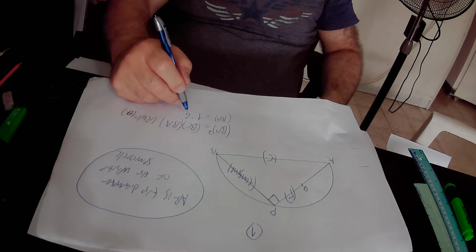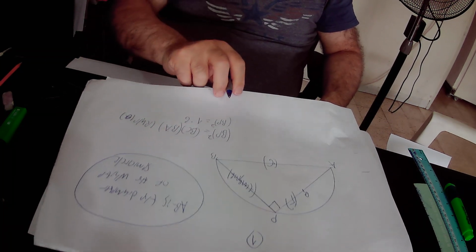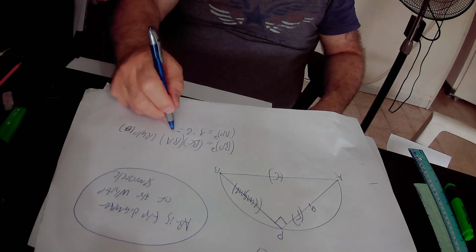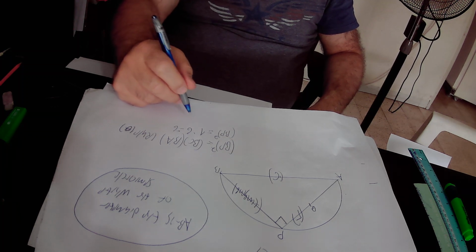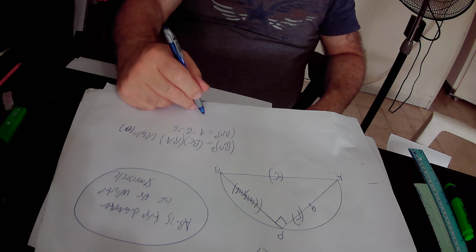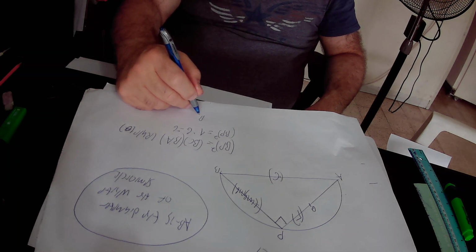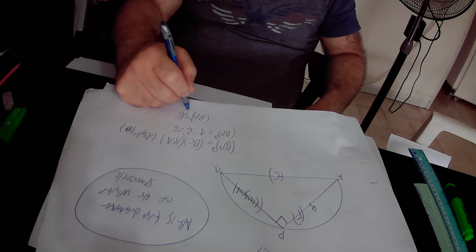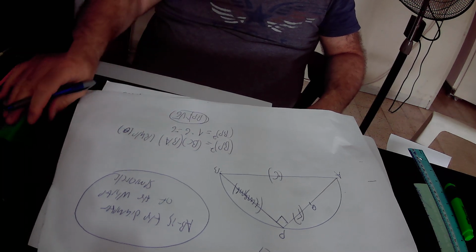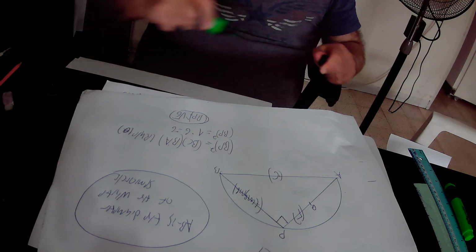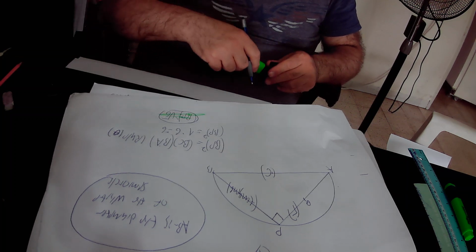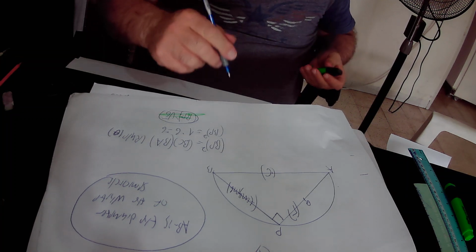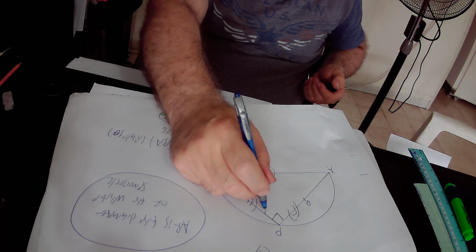So we found that BP squared equals 1 times 6, that is 6. BP squared equals 6, we take the square root, and finally we get that the missing tangent BP equals the square root of 6 units in its length.